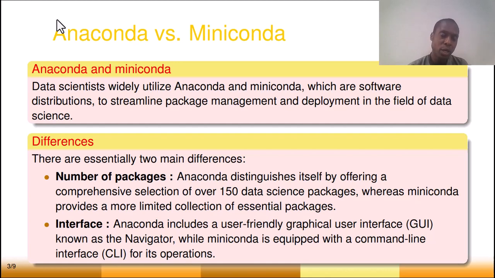This makes it easy for data scientists to commence their data analysis, practice, and work without installing additional packages. But Miniconda comes with limited packages. That is, if you install Miniconda, you will have to install other packages by yourself.